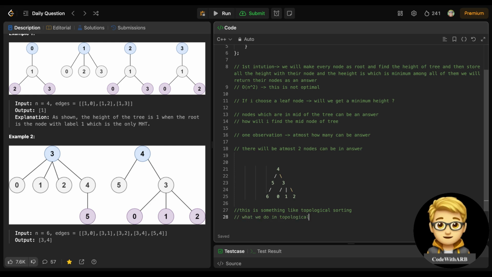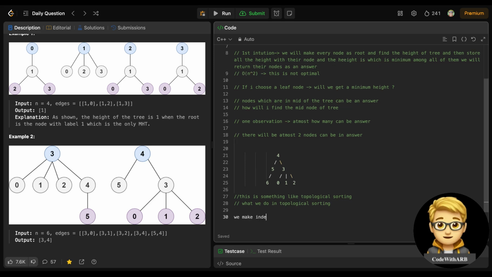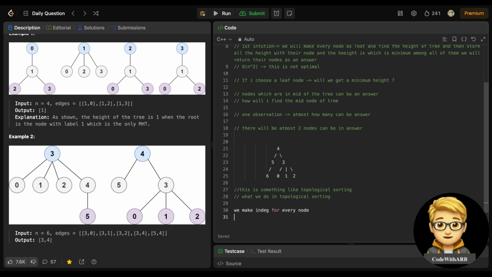We make in-degrees for every node. What is in-degree? In-degree is how many edges are coming towards a particular node.